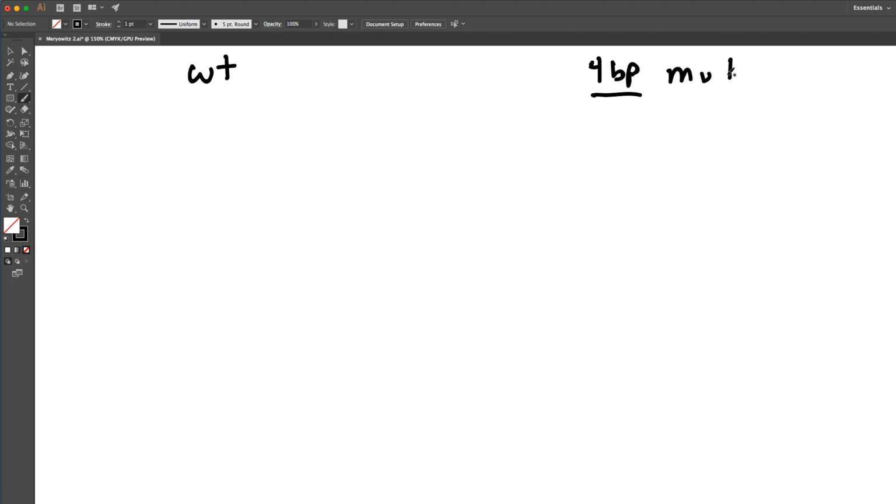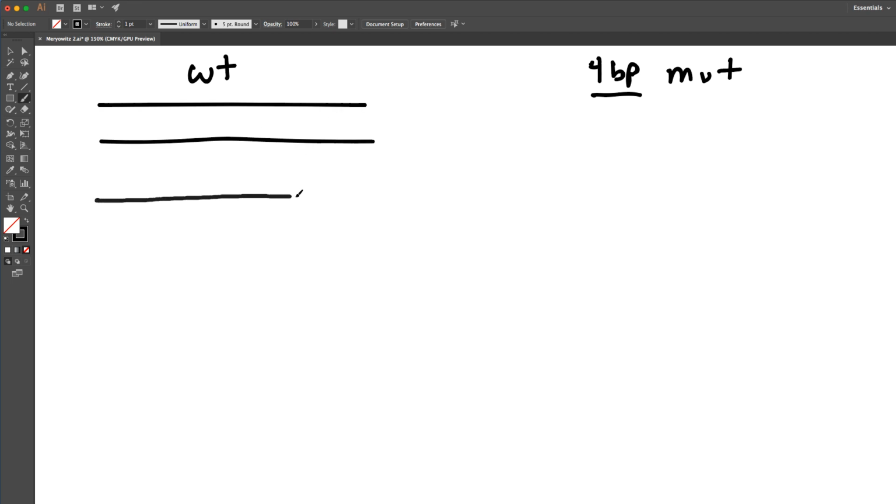So I'll write that over here and save that for a moment. And the wild type form of the gene, this is exon 11 of the alpha subunit. These two in a wild type individual are of course normal, and they lack that 4 base pair insertion.